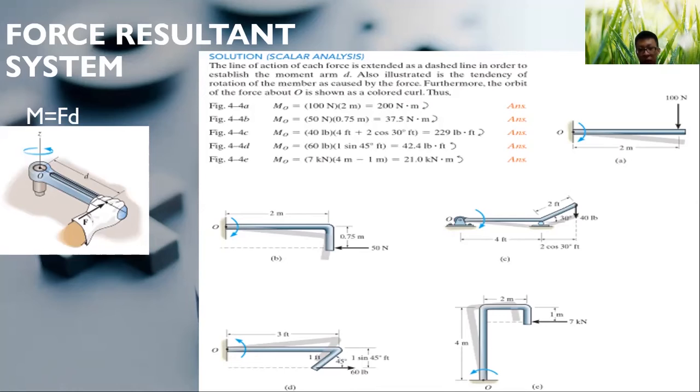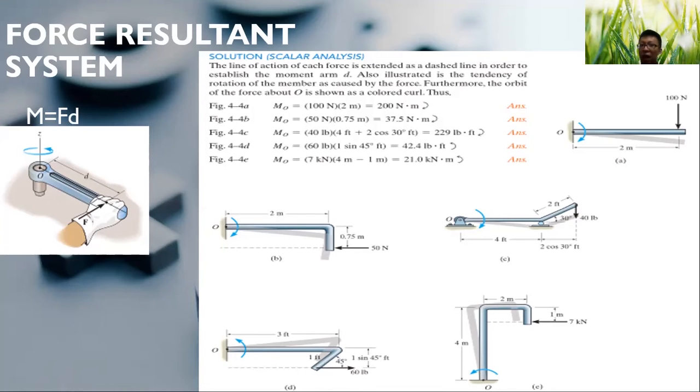We only can use 1 feet sine 45, which is the vertical distance, since the 3 feet is in the same direction as the force, so there's no 90 degree between them.